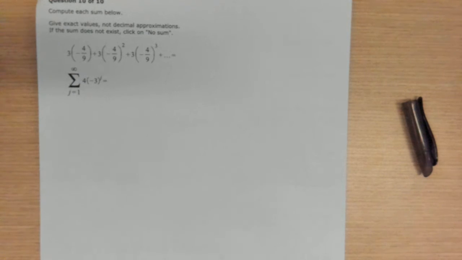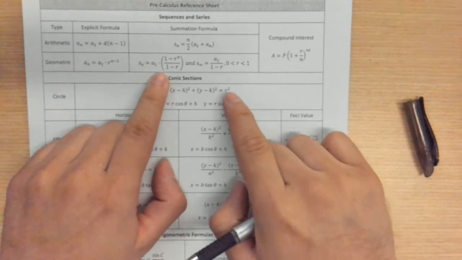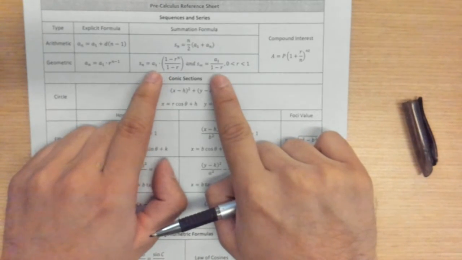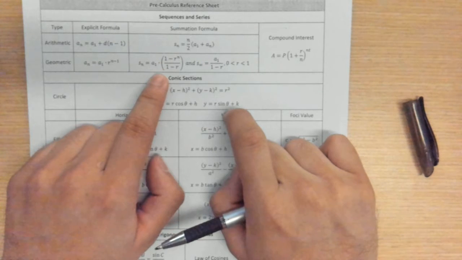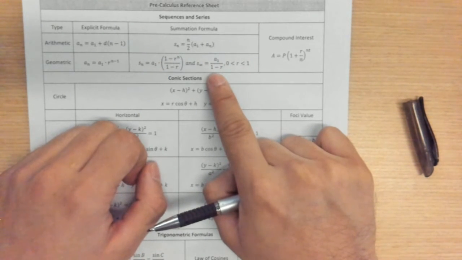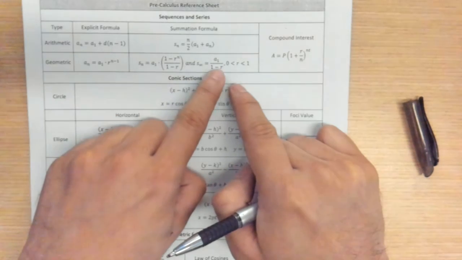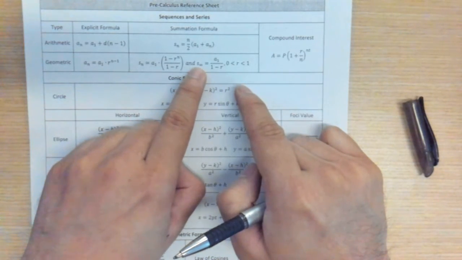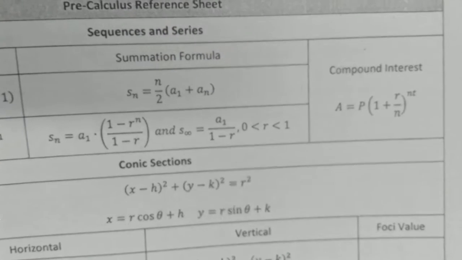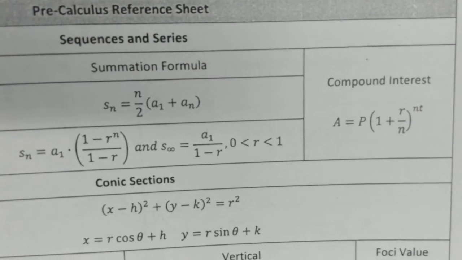So if you go back to your list of equations, remember, for finding the sum of geometric series, we have these two formulas. The first one is when we're adding up to a specific number, and the second one is when we're adding up to infinity. So for number 10, we're going to be using the second one. You can barely see it, but that is s sub infinity.